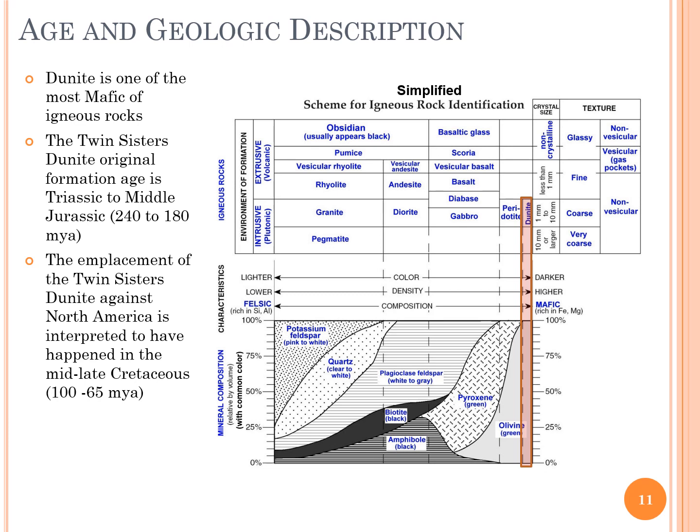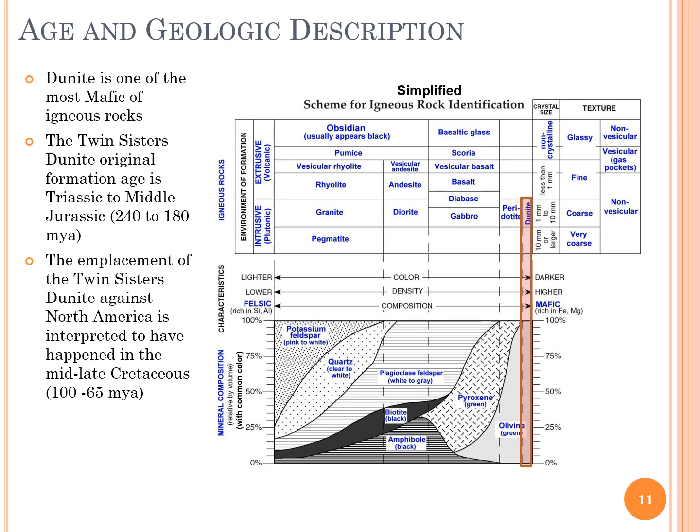And the emplacement or the forcing in of the Twin Sisters Dunite against North America is thought to have happened, that blob coming up on the faults that we just looked at in the couple of previous maps, we think probably happened sometime in the late Cretaceous period after it was formed, by timing about 165 million years ago.